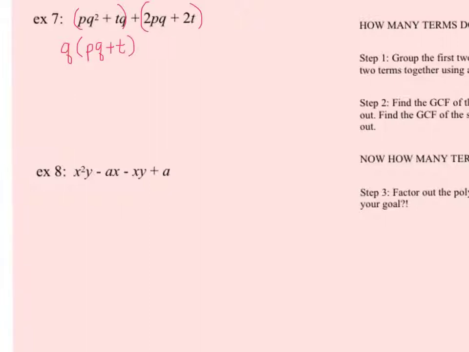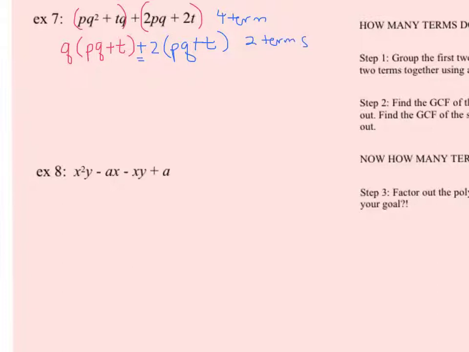And between the second grouping, 2PQ plus 2T, I have a GCF of 2, and that leaves me with PQ plus T. I have to be really careful here to make sure that I go from 4 terms to 2.